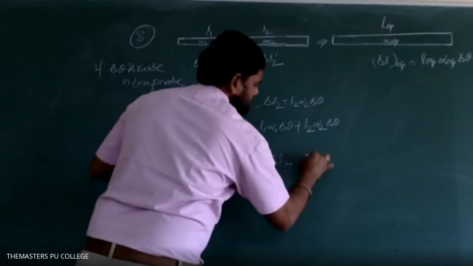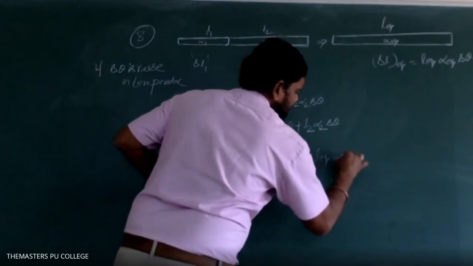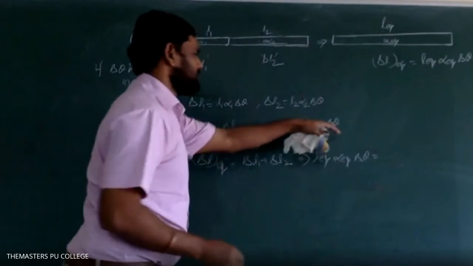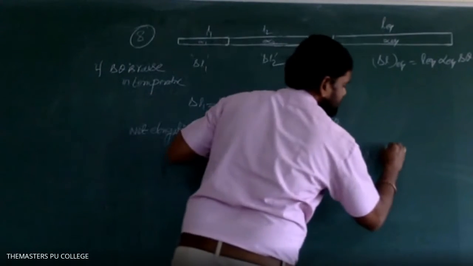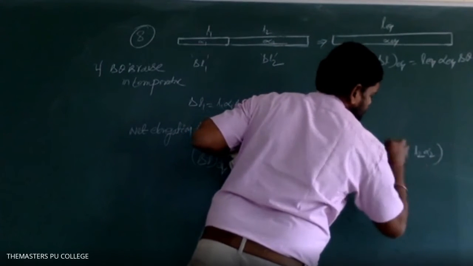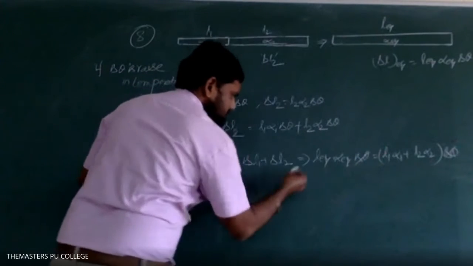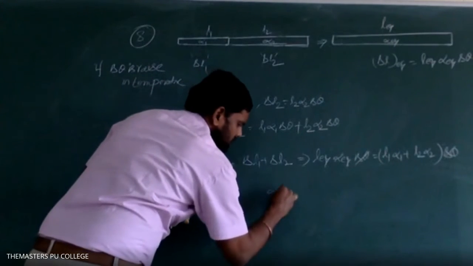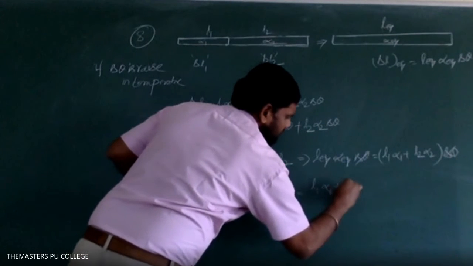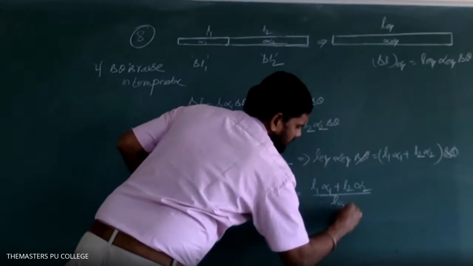So that implies L equivalent alpha equivalent into delta theta equals, here delta theta is common, L1 alpha 1 plus L2 alpha 2 into delta theta. This delta theta gets cancelled. So then alpha equivalent equals L1 alpha 1 plus L2 alpha 2 divided by L equivalent.